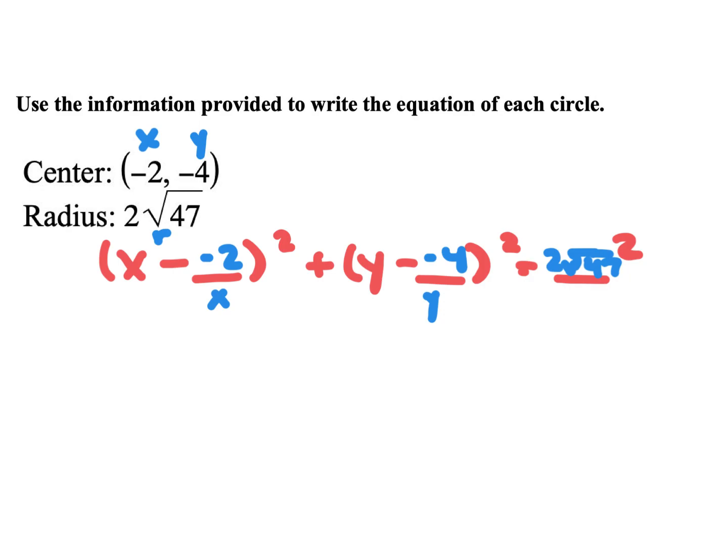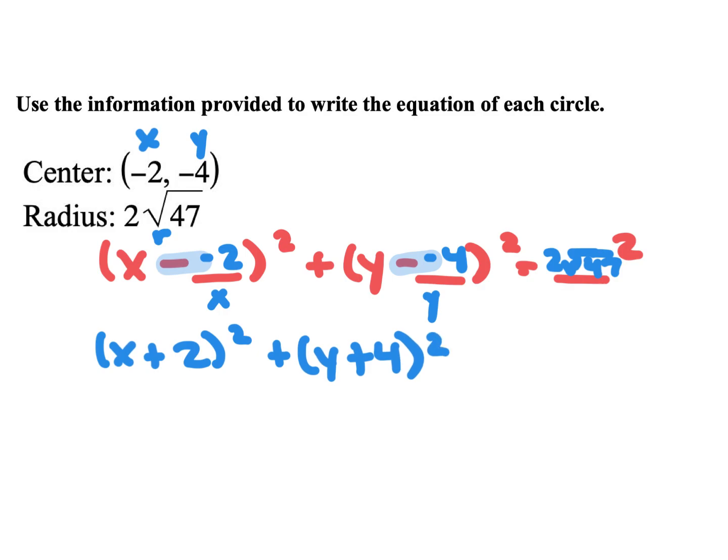Now, when I simplify this, we know that the minus and negative for the x and the y both are going to become plus. They'll become x plus 2 squared plus y plus 4 squared.